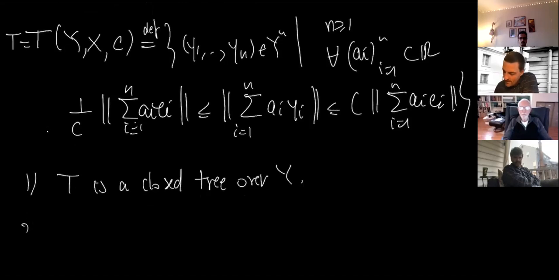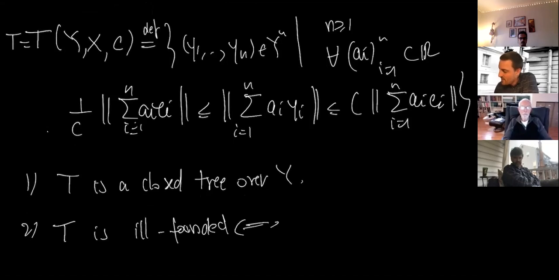And the second observation is that T is ill-founded, which means that it's not well-founded, so it has an infinite branch, if and only if I can find an isomorphic copy of the Banach space X, the Banach space that has a basis, into Y with Banach-Mazur distance C squared.